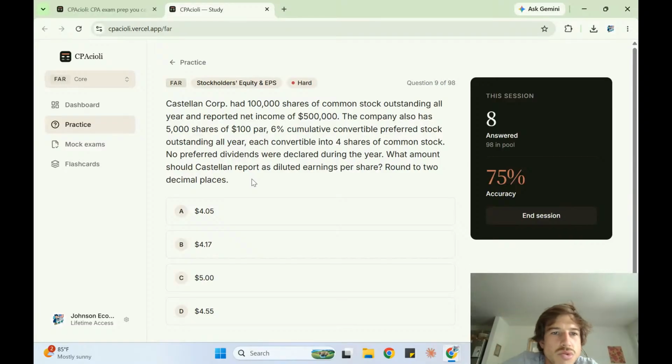I think you would do the net income minus, let's see, net income minus 5,000 times 100 times 0.06 is 30,000. Each convertible into 4 shares of common stock.